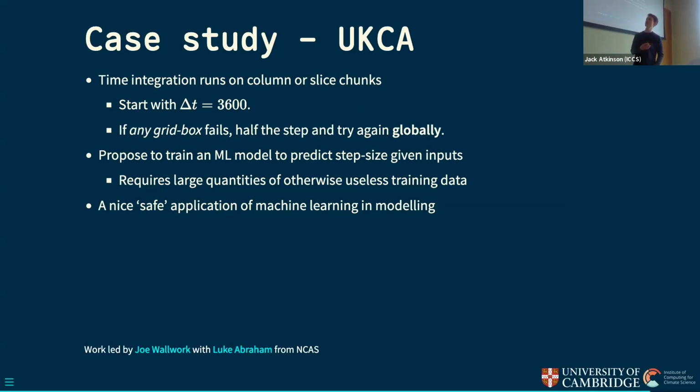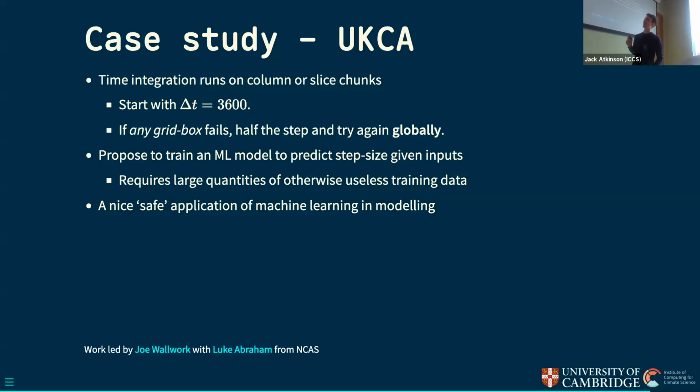So in most cases, you can use quite a large time step of an hour, but in some cases, you have to use a very small time step because there's very advanced, more complex chemistry going on, for example, over a megacity, or at certain points in the atmosphere, or when night becomes day, which is called the terminator, and which is quite interesting.